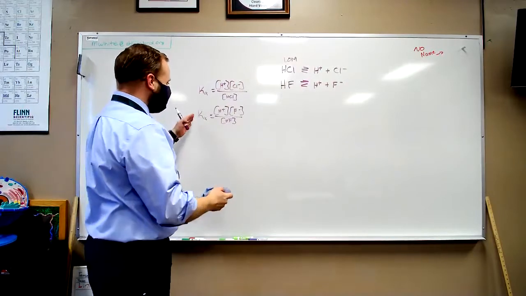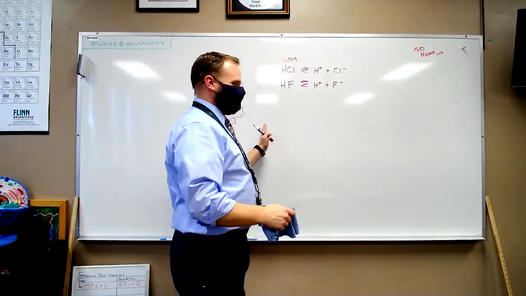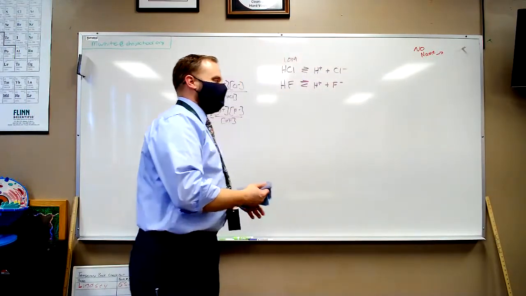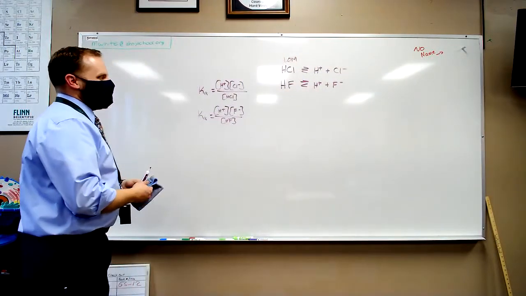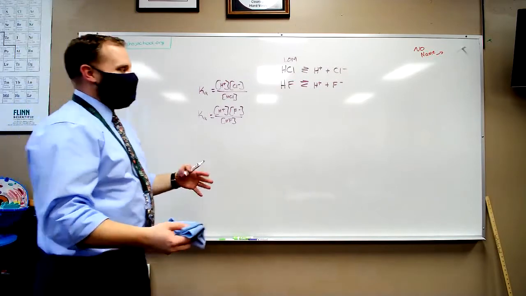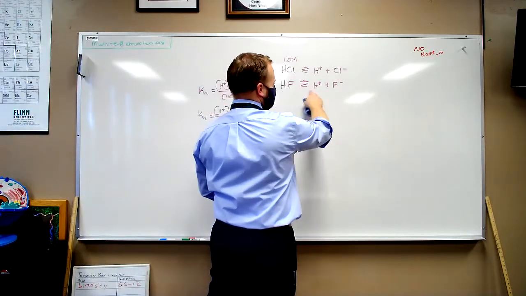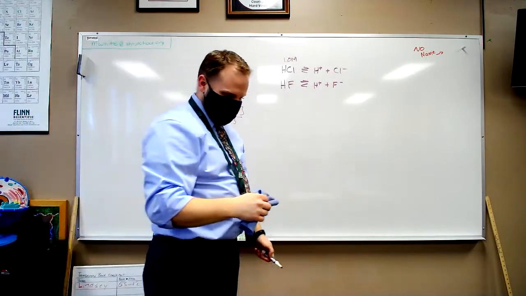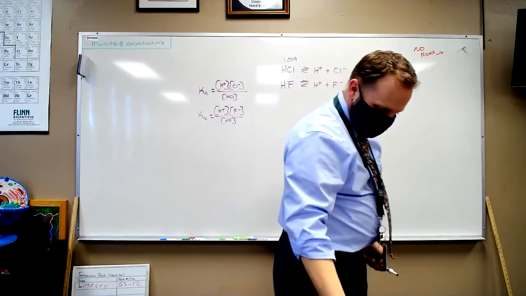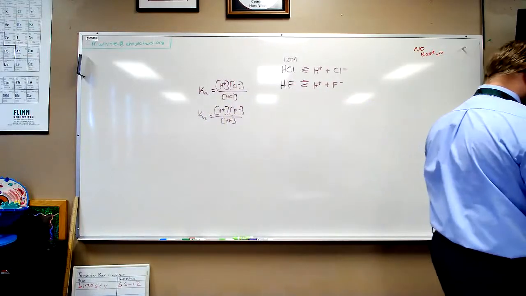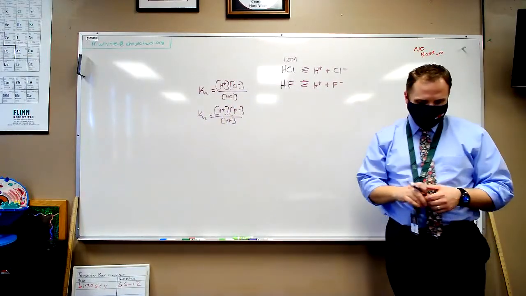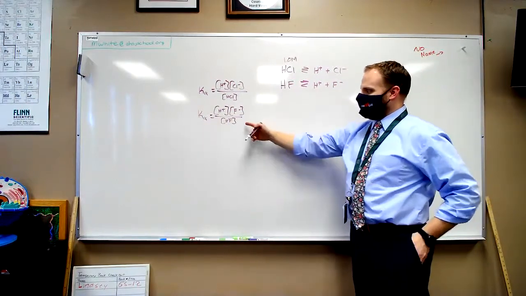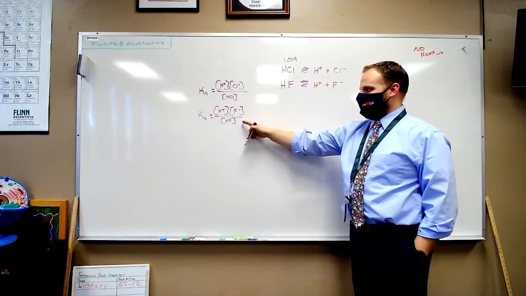So Kas are really primarily for weak acids, and they are going to tell us basically how much of this acid is going to dissociate. That's what the Ka tells us. How much is actually going to dissociate? The higher the Ka, the more it's going to dissociate, because that means we have bigger numbers up here and smaller down there.